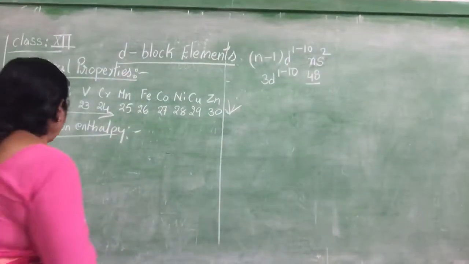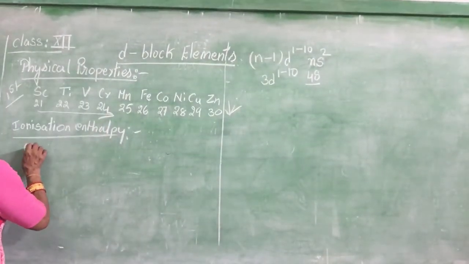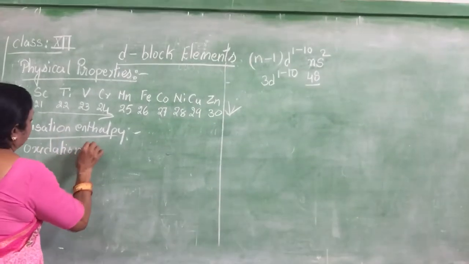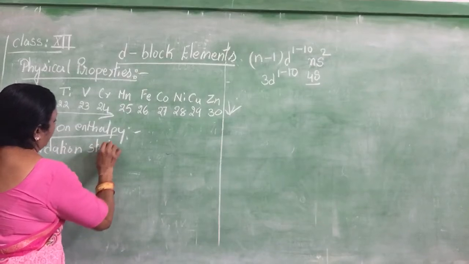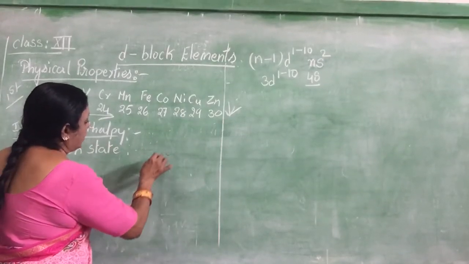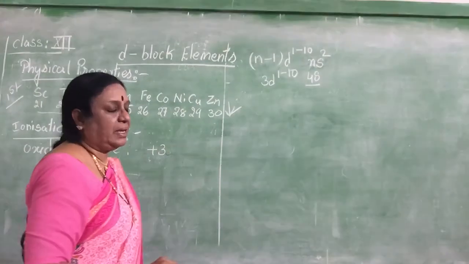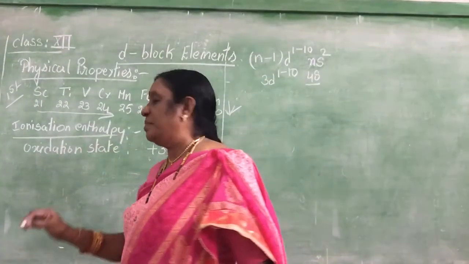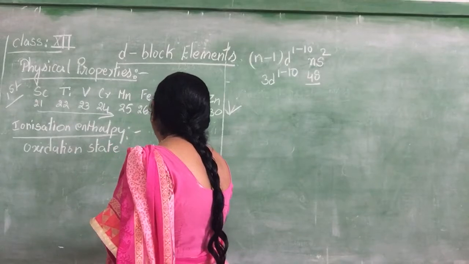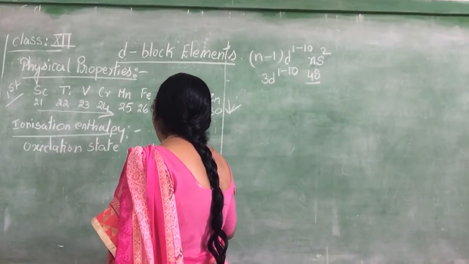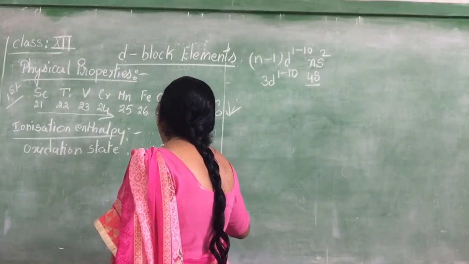Oxidation states. The next point is we have to discuss the oxidation state. The most common oxidation state is +3. Along with the +3, the first series of elements also show +2, +5, +1, +7.